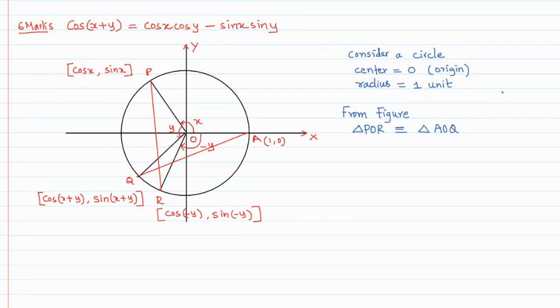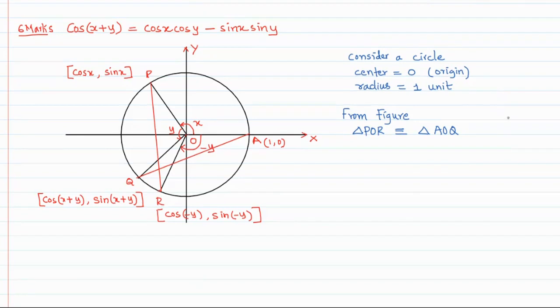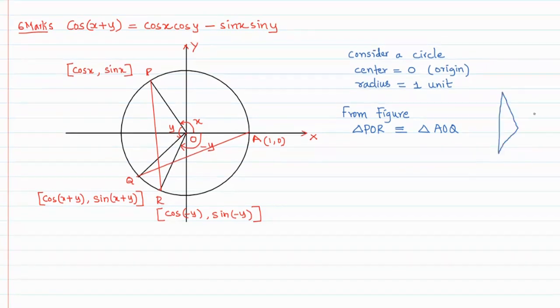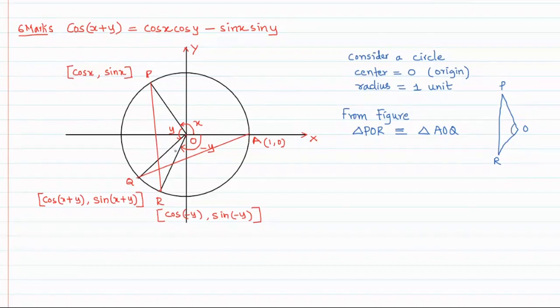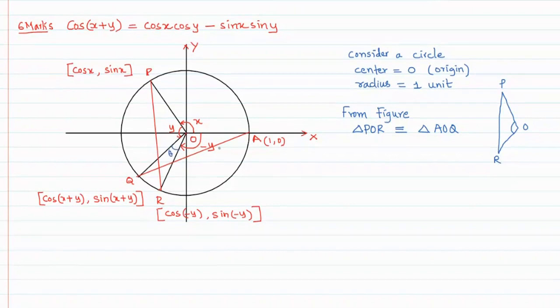Just here I will show a rough diagram. In triangle OPR, this angle is y plus this common angle. If I take this as theta, this is y plus theta.